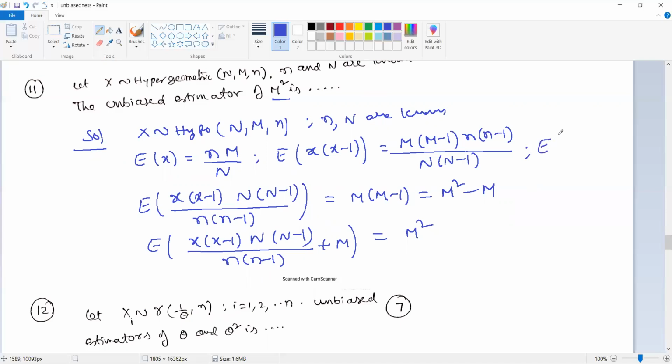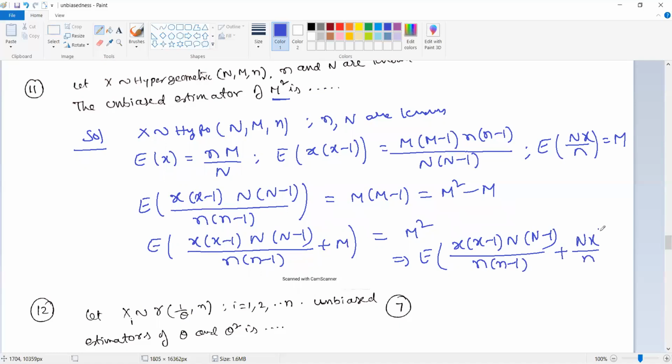By cross multiplication, capital N X by small n is equal to M. Replace M by this. So the expectation of X into (X minus 1), capital N into (capital N minus 1) by small n into (small n minus 1), plus capital N X by small n, is equal to M square.